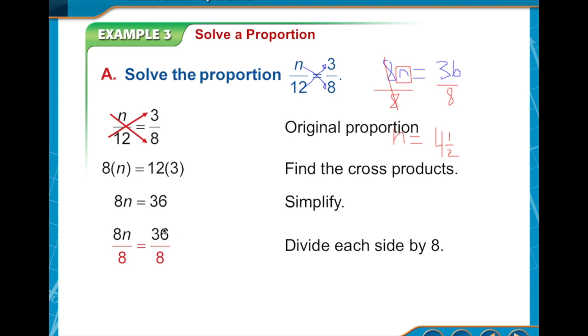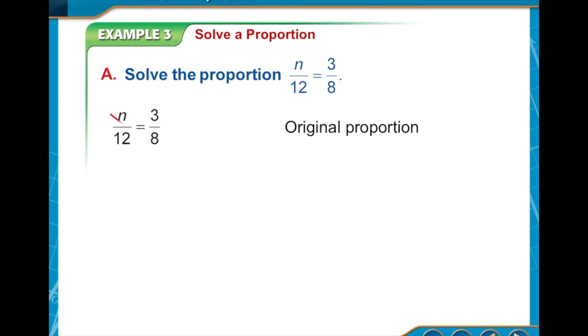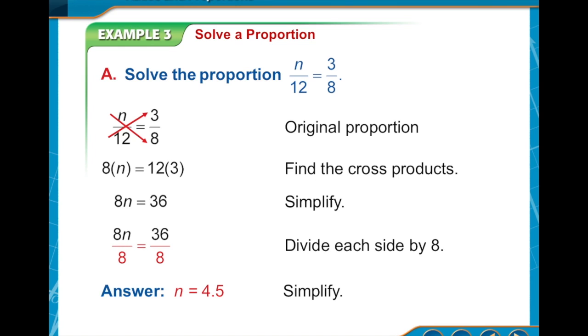On the right, we'll get 36 over 8, which doesn't come out to a whole number. 8 times 4 is 32. And a little bit more than that is going to give us 1/2. So 4 over 8 is 1/2. So we should get, for this one, n should equal 4.5, or 4 and 1/2, if we did that right. So you can write it as a decimal or as a mixed number like we did before. So 4.5 or 4 and 1/2 works for this one.